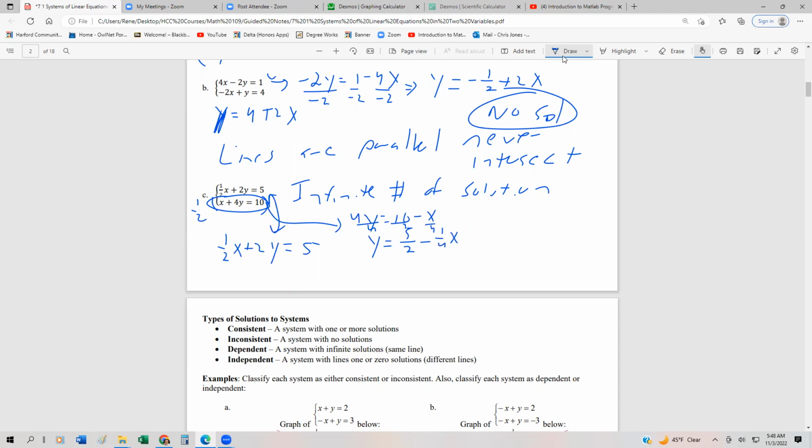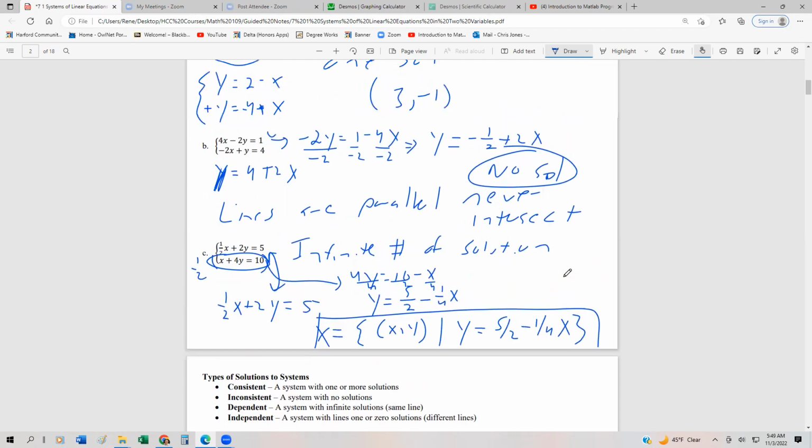And so we say the solution set is the set of all (x, y) such that y equals 5/2 minus 1/4 x. If there's an infinite number of solutions, we might just solve the equation for y and say it's the set of all ordered pairs that satisfies this relationship.